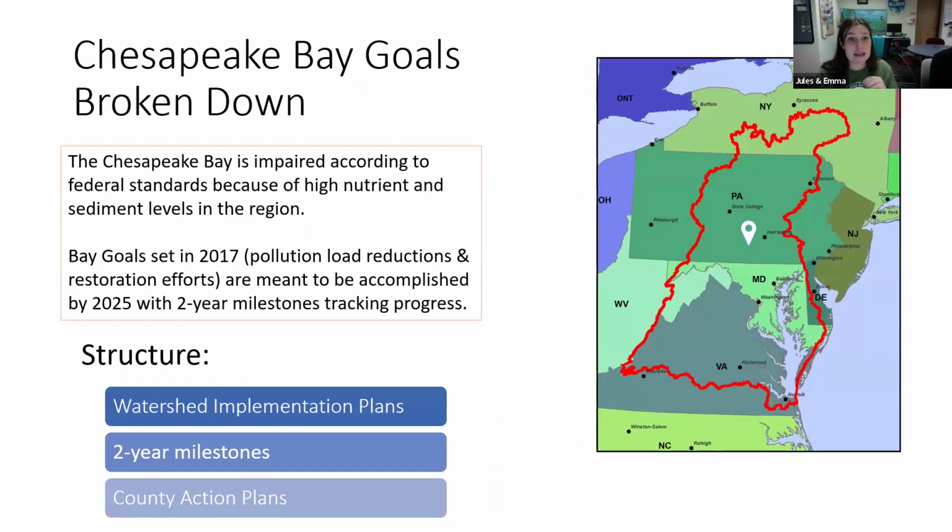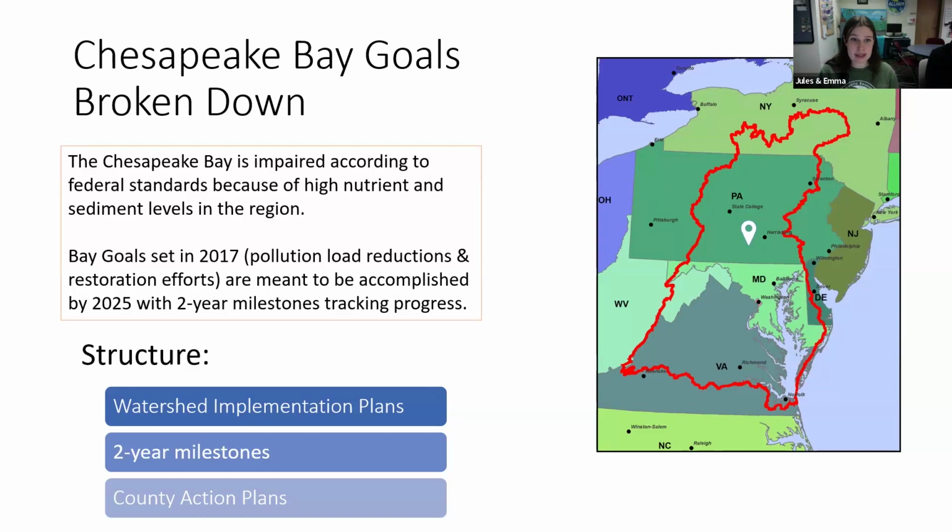A lot of the basic structure from Section 319 of the Clean Water Act is applied to the Chesapeake Bay. The Chesapeake Bay had been identified as an impaired bay region, impaired waters, and Executive Order 13508 during the Obama administration was put into place, declaring the Chesapeake Bay region a priority of the country for cleaning and restoring waters.